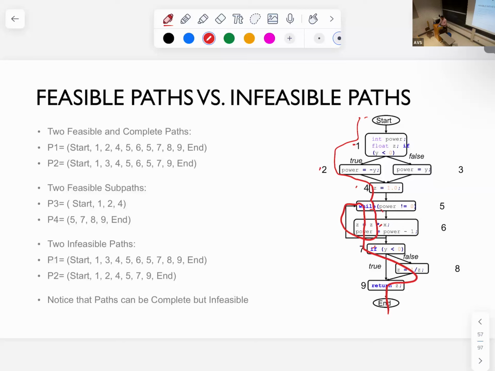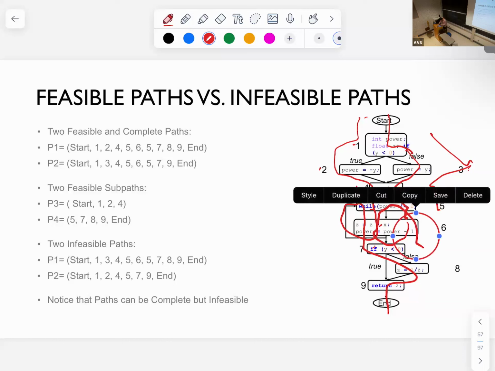But an infeasible path, of course, is start, 1, 3, 4, 5, 6, 5, 7, 8, 9, 10.